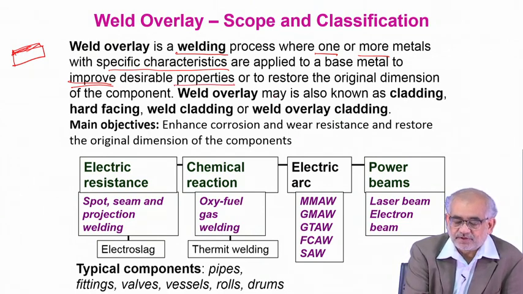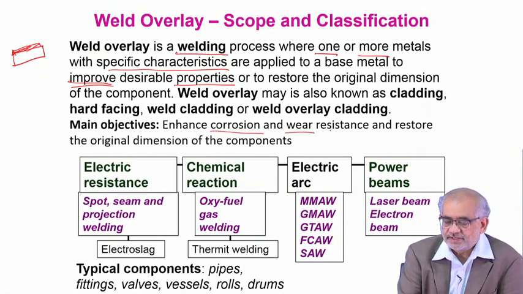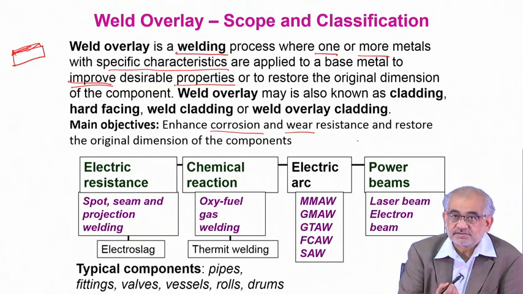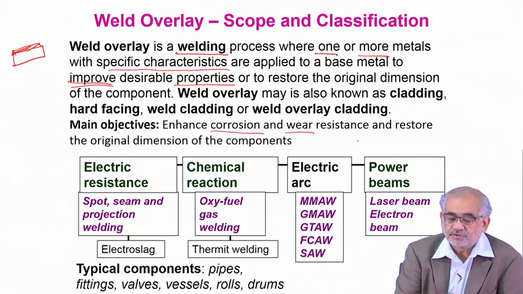Now, these desirable properties could be typically the surface dependent properties like resistance to corrosion, resistance to wear, hardness increase. There is also another very important utility of overlay process, which is restoration or reclamation.